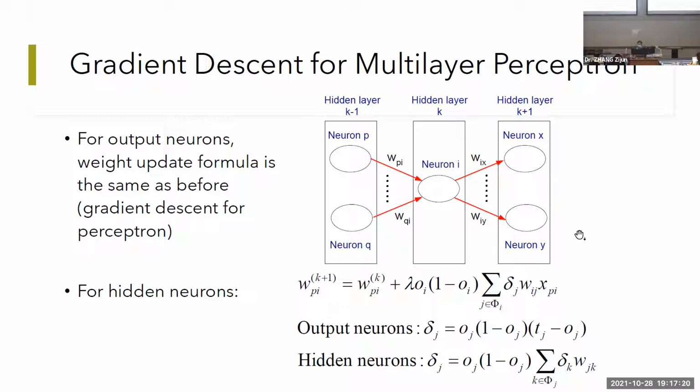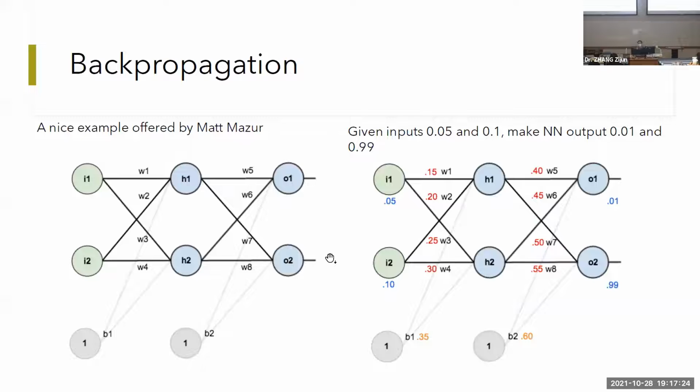So next, we take a handwritten example, or hand calculation example, to understand how the gradient descent and backpropagation is implemented for training a neural network. We actually consider a very simple network structure to help us understand such a process.